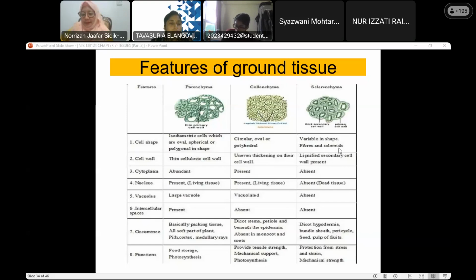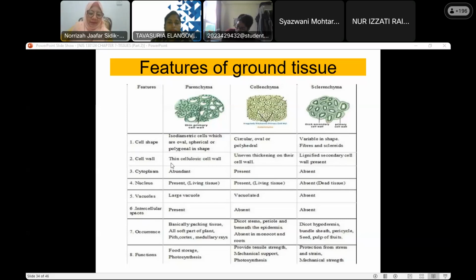for the fibers and sclereids in the xylem. And for the cell wall, parenchyma has a thick cellulosic cell wall, whereas collenchyma has uneven thickening of the cell wall, whereas sclerenchyma has a lignified secondary cell wall.